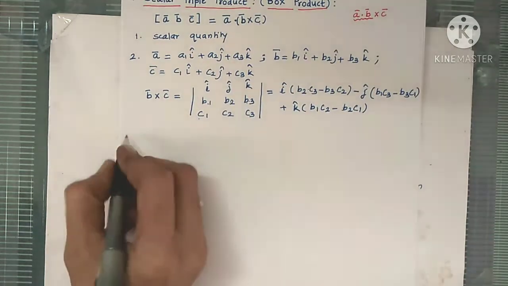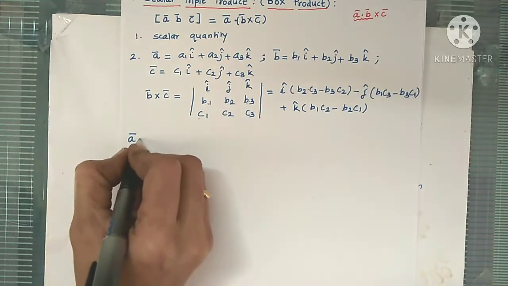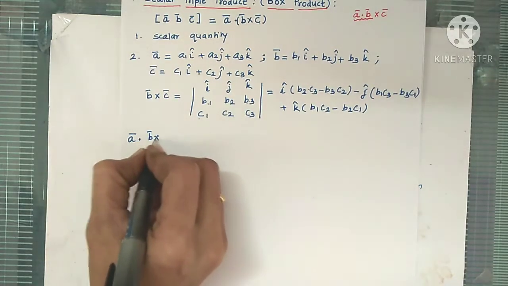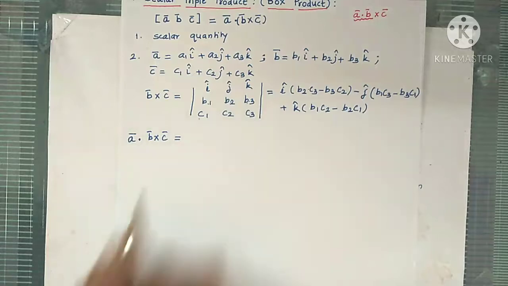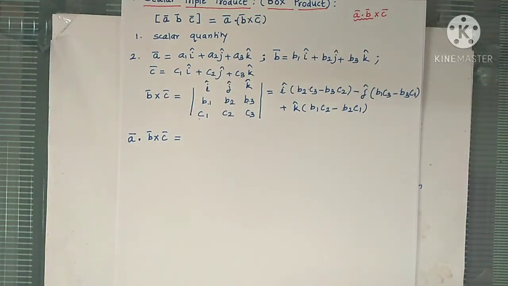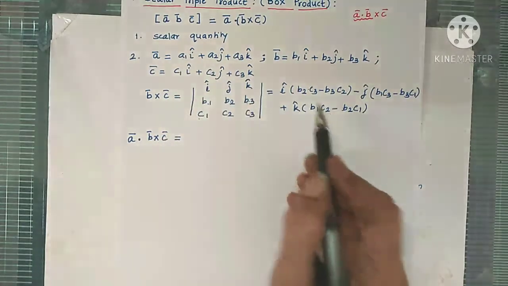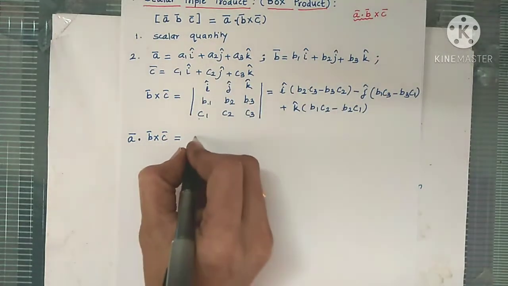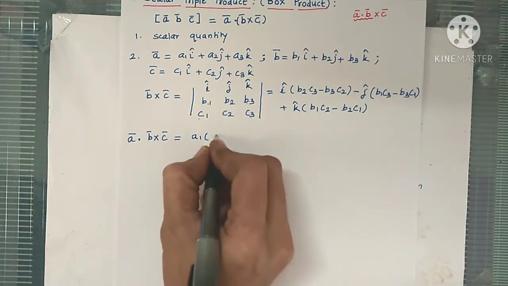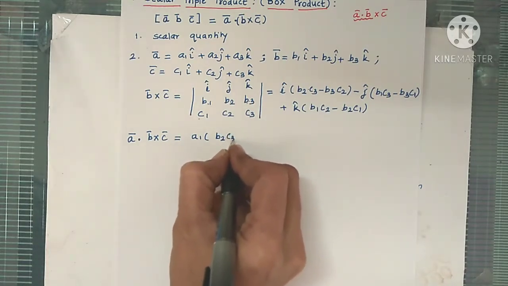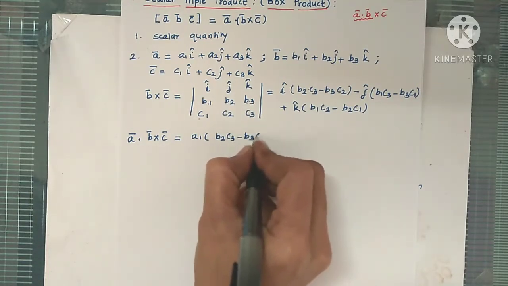Now let's write dot product of a bar and b bar cross c bar. To write the dot product, we have to multiply the coefficients of i cap, j cap, k cap, and add those products. Coefficient of i cap in a bar is a1 and here it is this bracket, so the product is a1 (b2 c3 minus b3 c2).